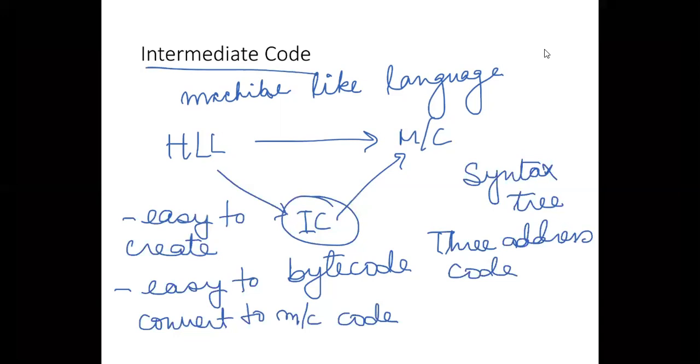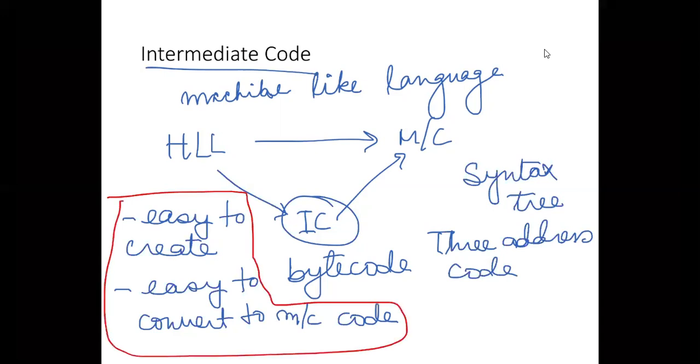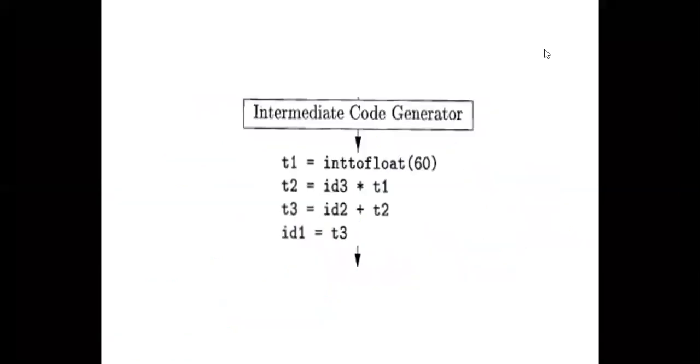So these are the two important points about your intermediate code. You can see this is an example where we have an intermediate code. It does not look like machine code, but at the same time it is closer to machine code than your high-level language code. So this is an example.